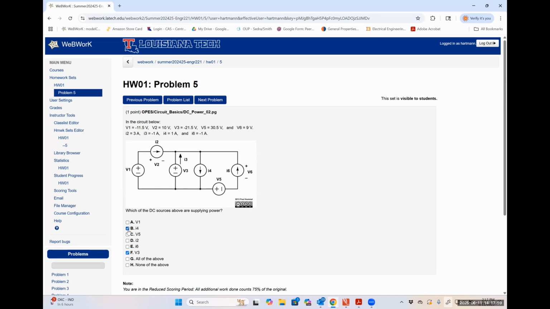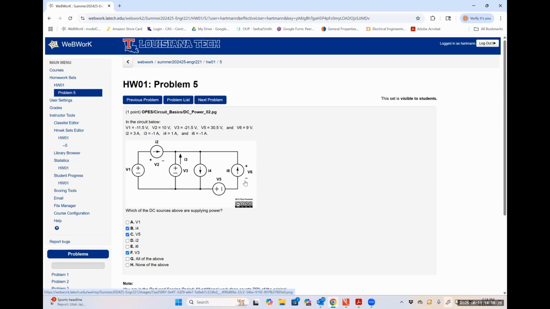So we should check this box. Moving on to voltage source V5, the current I6 is flowing into the positive polarity terminal, out the negative polarity terminal. So I6 times V5 is absorbed power. So we have negative current times positive voltage. So we have negative absorbed power, which is the same thing as positive supplied power. So we check that box.